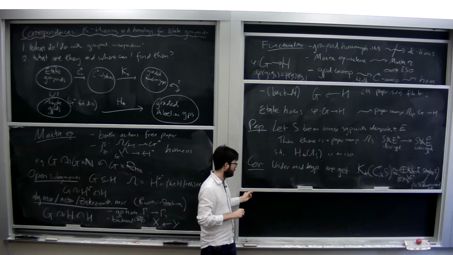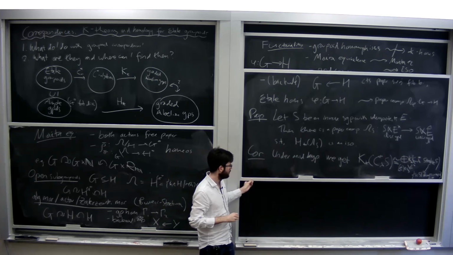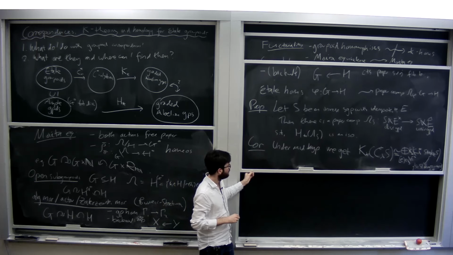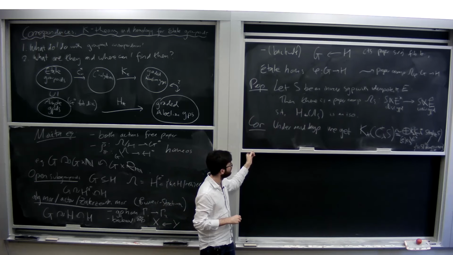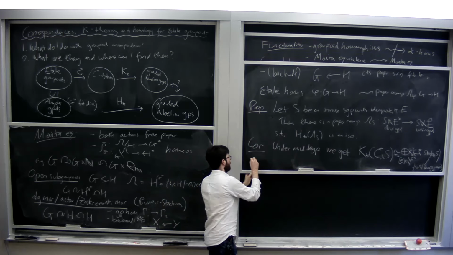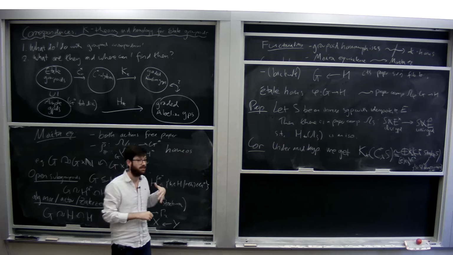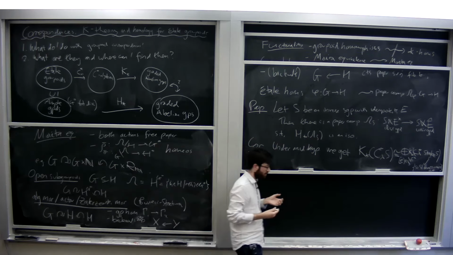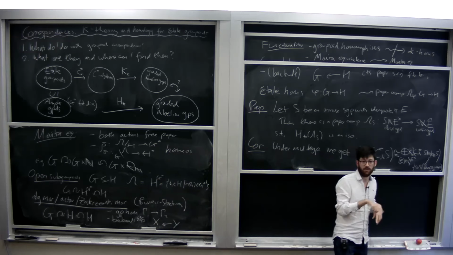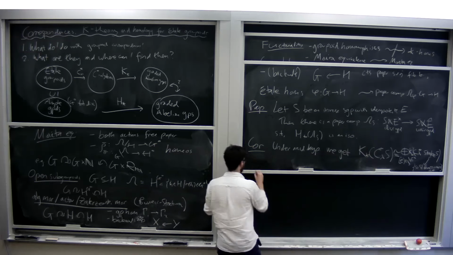And I just want to mention one last thing, which is that we can do a similar thing in the setting of left cancellative small categories, which some of you may have seen Chris Bruce talk about a week ago and the week before that.